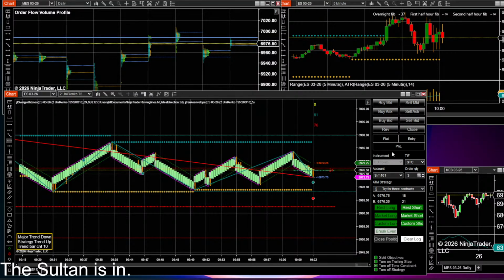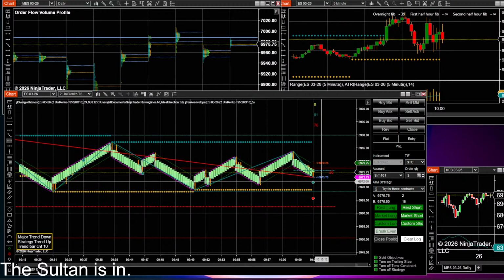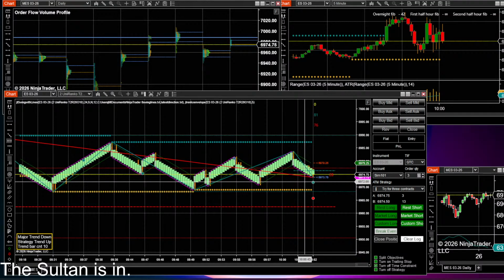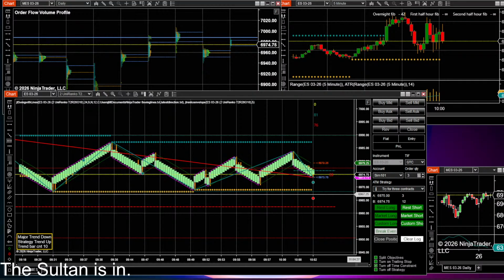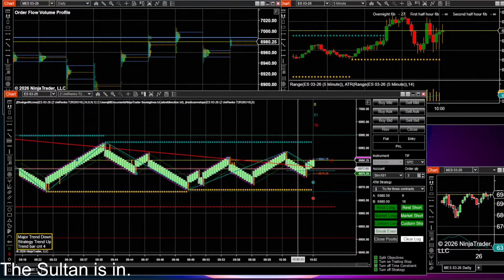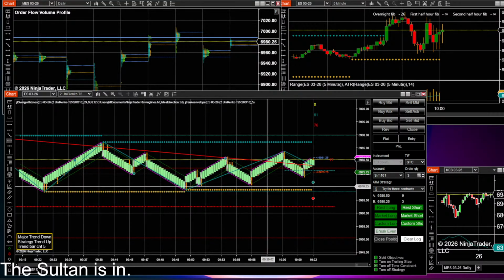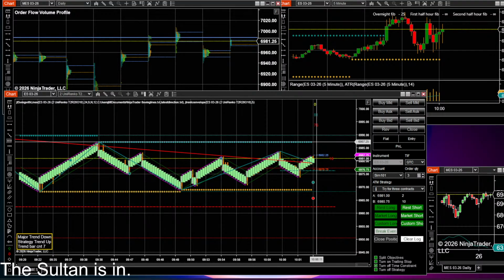For me personally, I want to see it hit the projection dot before I would consider taking the trade from here. But as long as the minor trend is not going below the 70-75, that's still going in the right direction and going to be testing the 87.50 area.